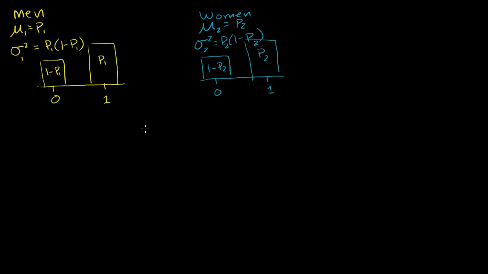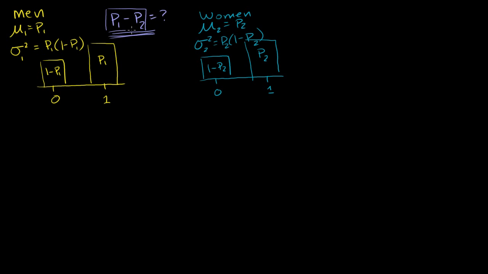Now, what I want to do, as I said at the beginning of the video, is figure out if there's a meaningful difference between the way that the men will vote and the women will vote. Is this different? Is this meaningful? And what we're going to do in this video is try to come up with a 95% confidence interval for this parameter.